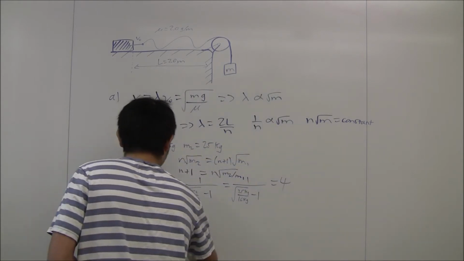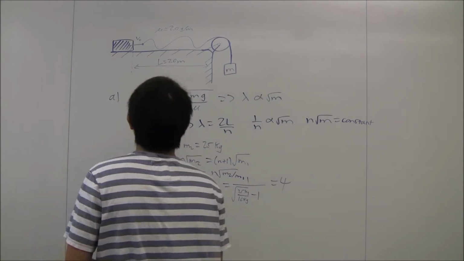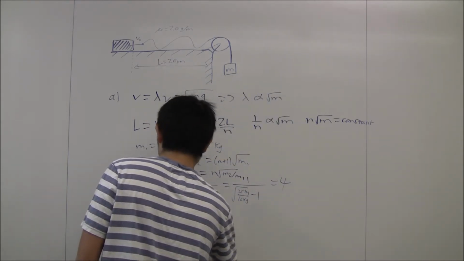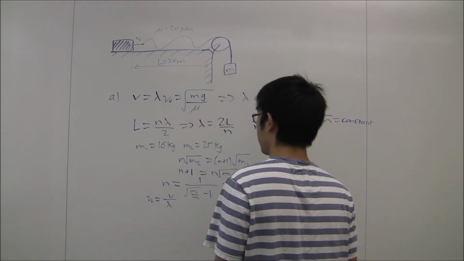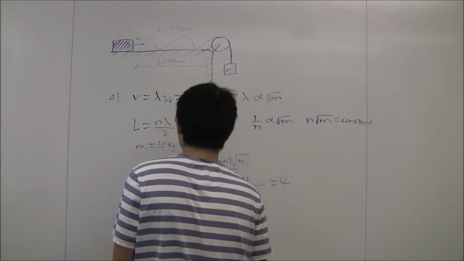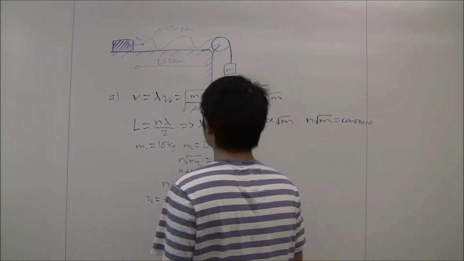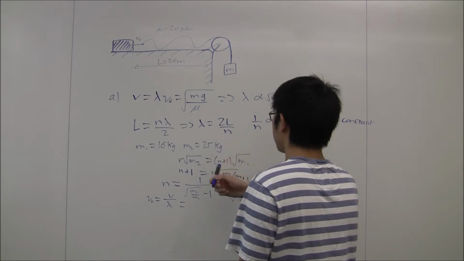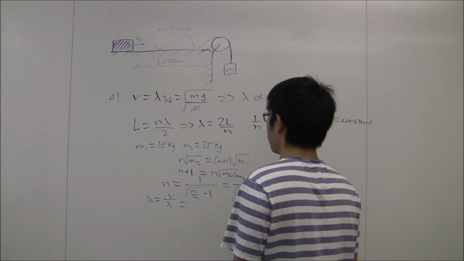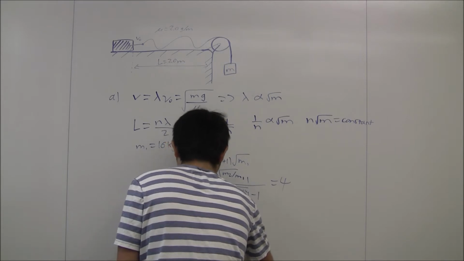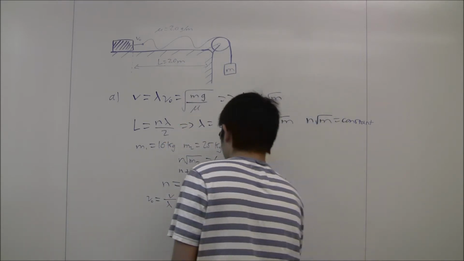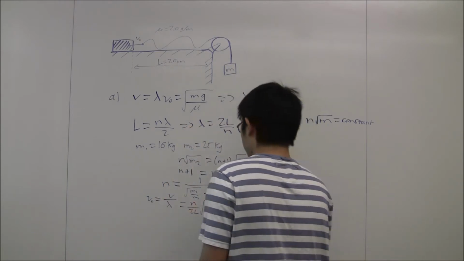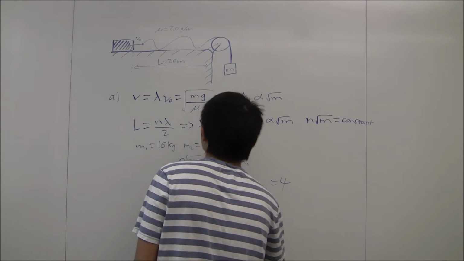So this means that ν0, which from this equation is wave speed over lambda, is equal to, well, we know that lambda is equal to 2 times big L over n. So 1 over lambda is n over 2 times big L. And v is just the square root of mg over μ, where for n, the associated mass is m2.